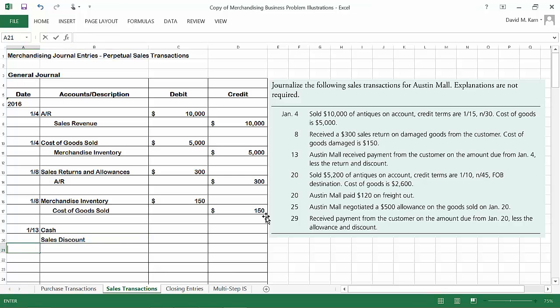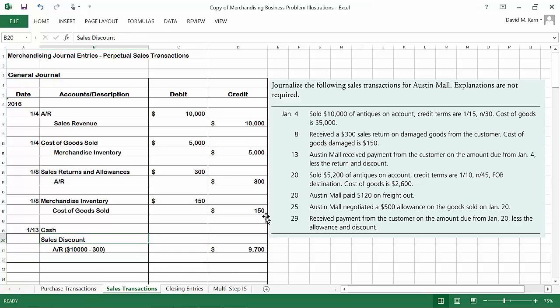And we know for sure that they're paying their account off in full, so let's do that first. That calculation would be the $10,000 minus the $300 return of damaged goods. So technically they are paying off their account of $9,700 in full.